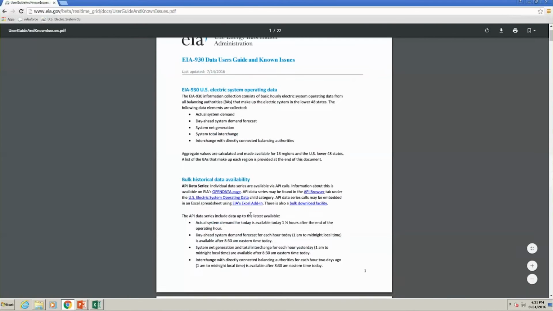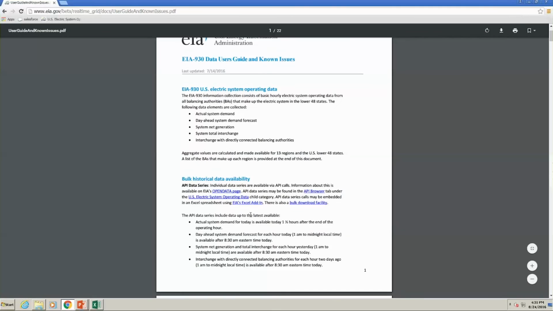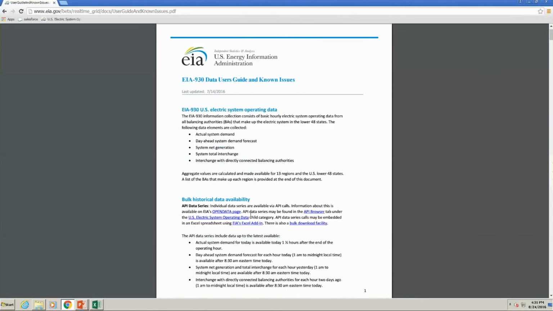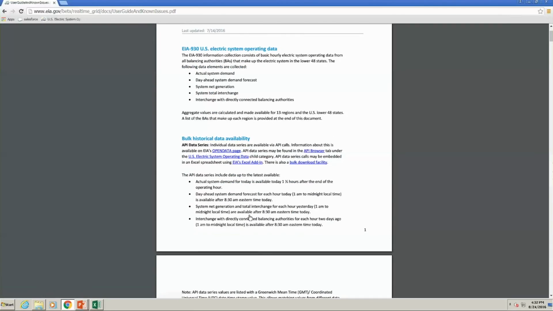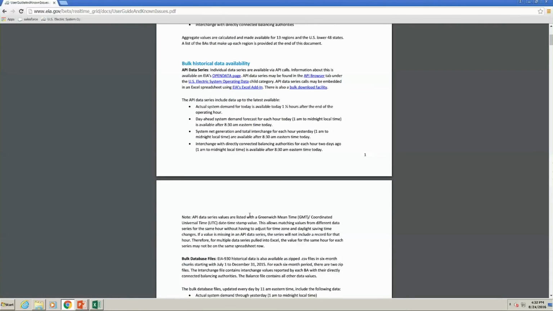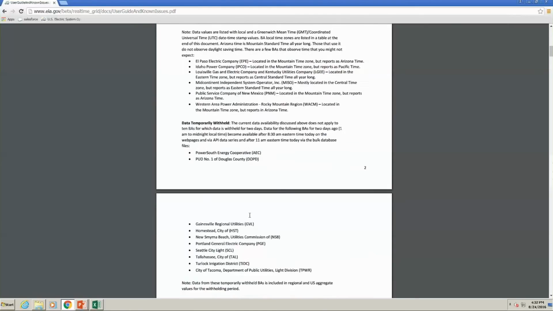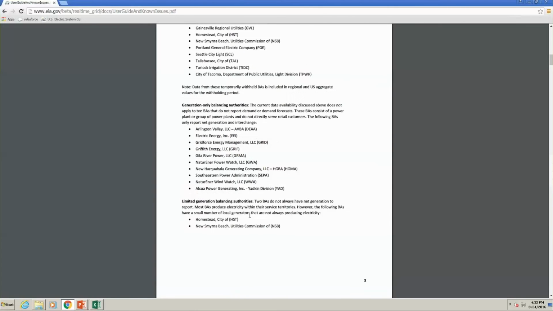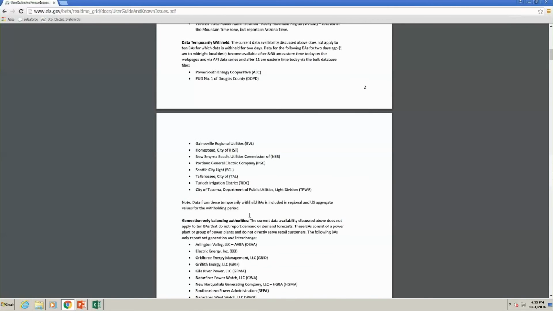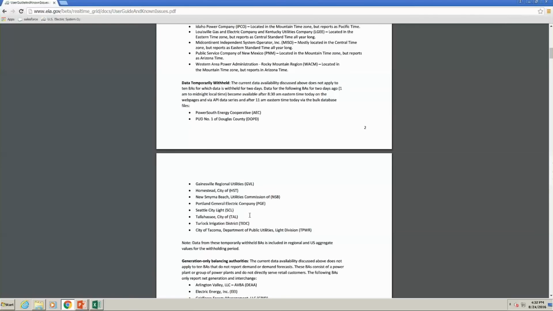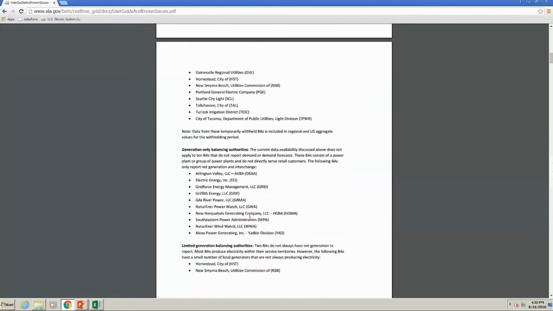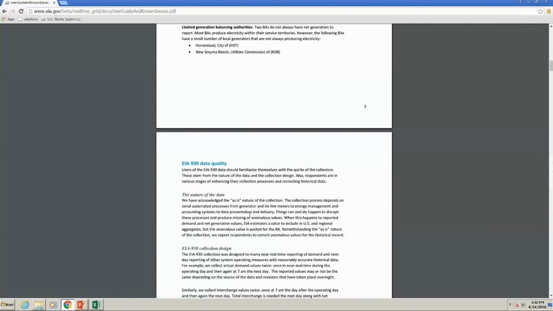This is a document that will help you understand what the data is, how to get access to the data, and talk about some peculiarities about these balancing authorities that you probably should be aware of that we list here.